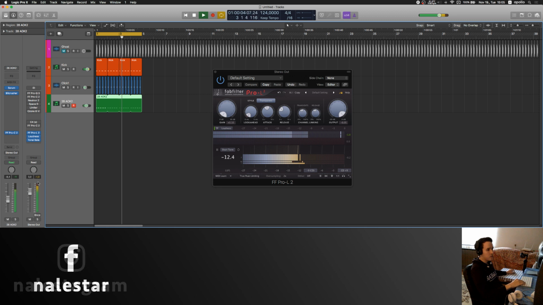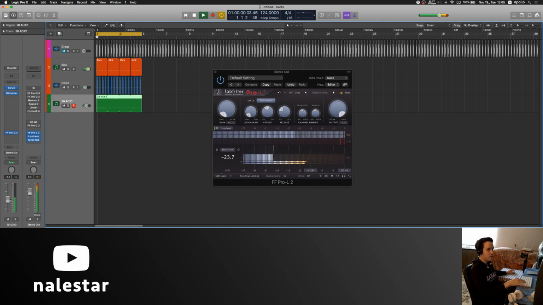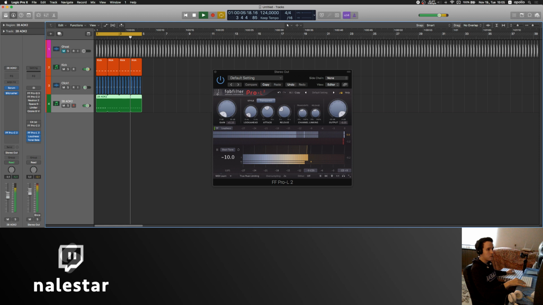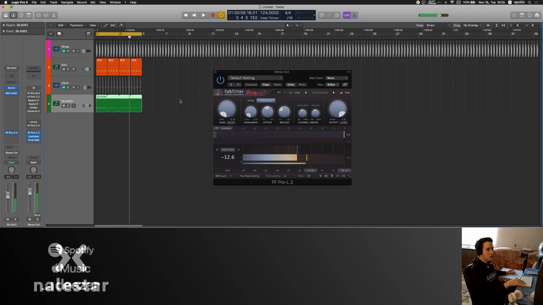And because I see there's still 1.2 dB, or even more, that I can make use of, I can drive these levels higher. And without really, these plugins are not even working.